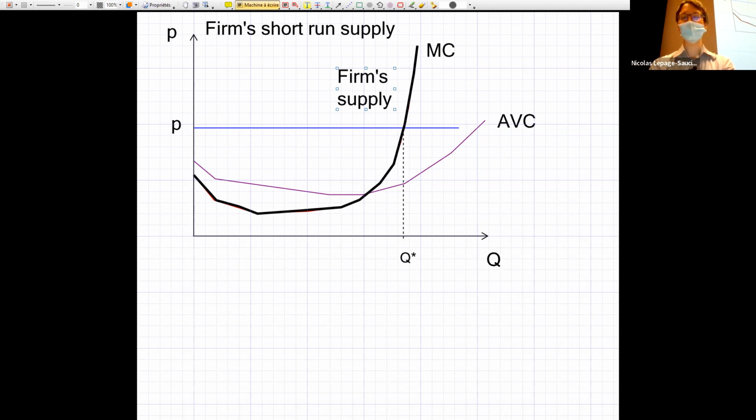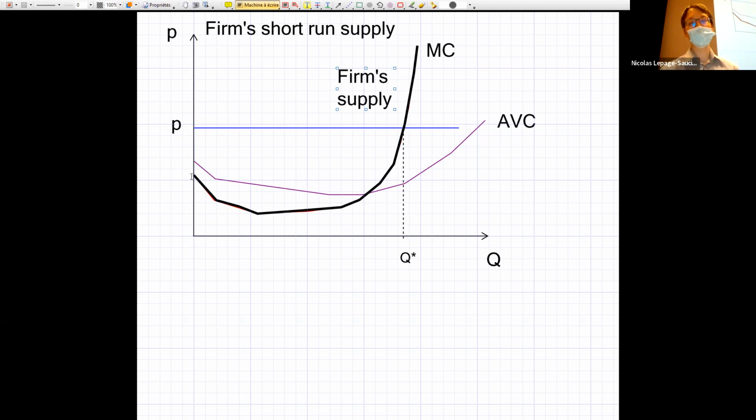Yes, they slope upwards. So what's wrong with this? Well, it looks good on that side, but then it slopes downwards there. This would be the quantity in response to price.